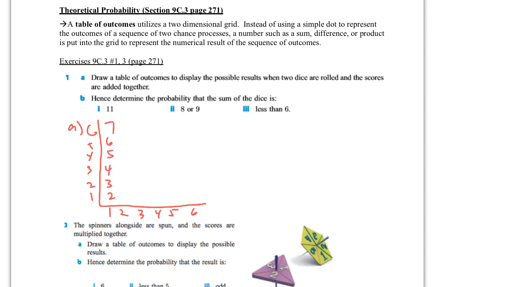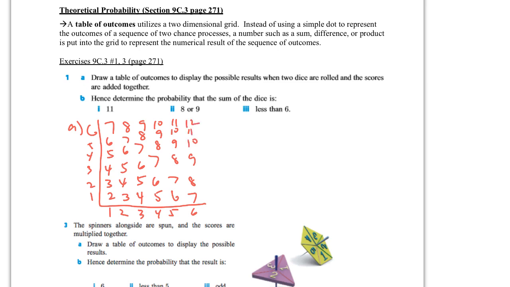If I add 2 with the other numbers, I'm going to get 3, 4, 5, 6, 7, 8. 3 with these numbers is 4, 5, 6, 7, 8, 9. 5, 6, 7, 8, 9, 10. 6, 7, 8, 9, 10, 11. 7, 8, 9, 10, 11, 12.